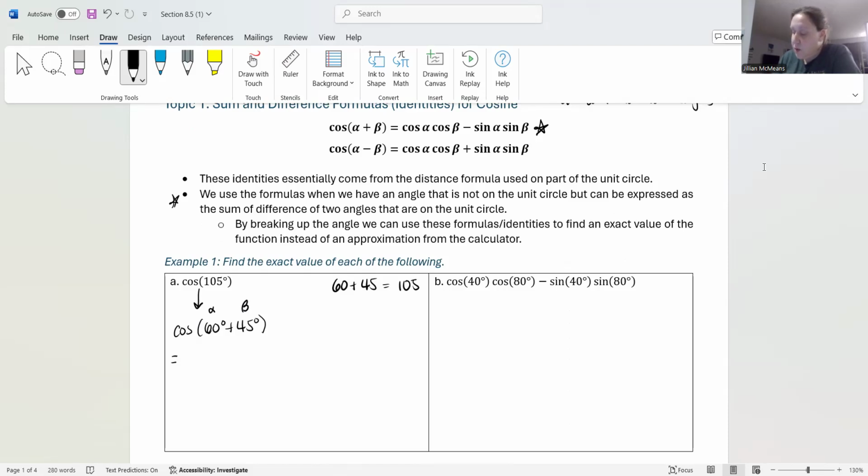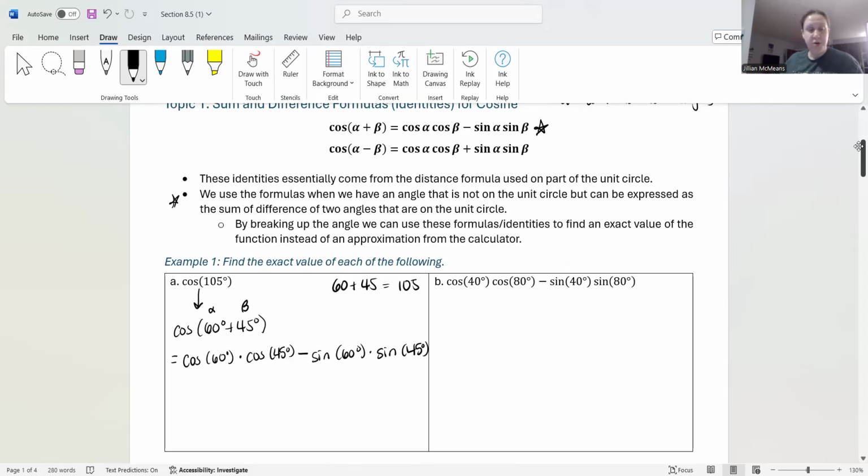So this is going to equal cosine of 60 degrees times cosine of 45 degrees minus, we flip signs with cosine, minus sine of alpha, which is 60 degrees, times sine of beta, which is 45 degrees. And now these are all values that are on our unit circle. So we need to find the individual ratios. So there are 4 ratios that we need to find, and then we just have to do a little arithmetic.